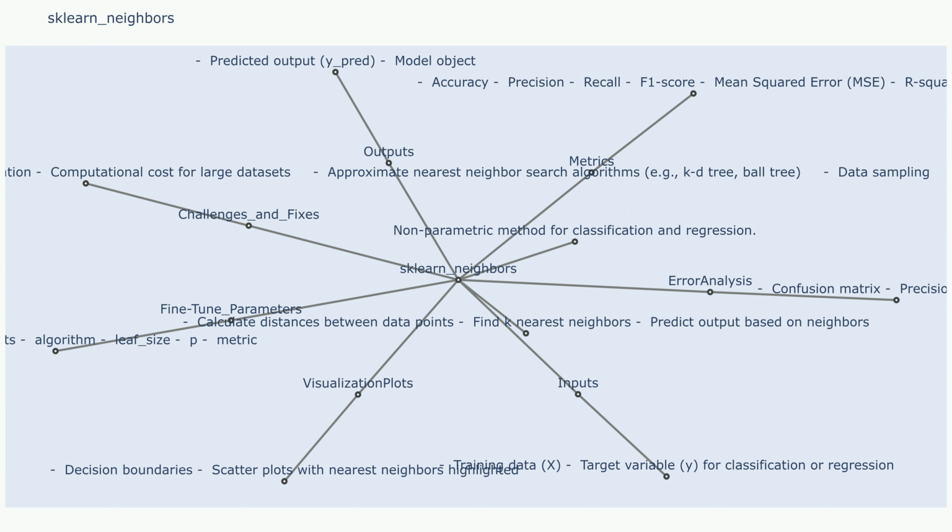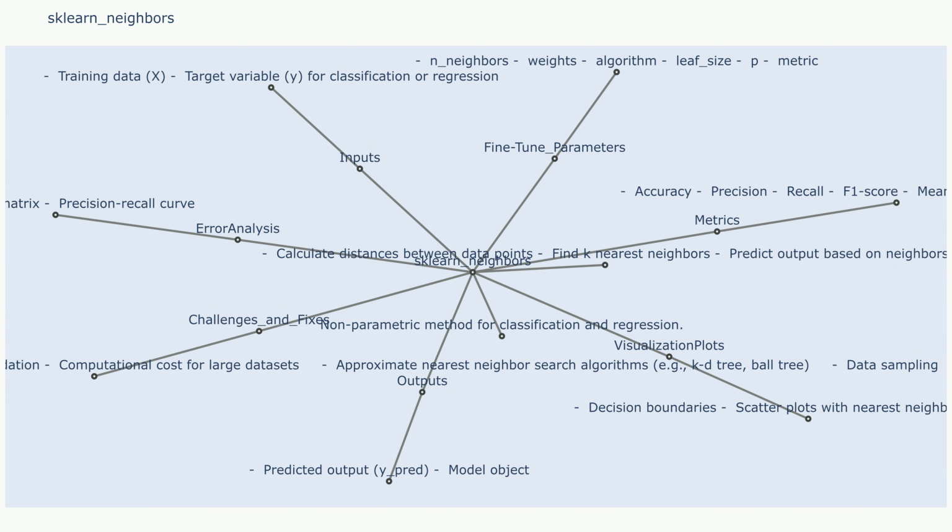Challenge 2: sensitivity to outliers. Outliers in the training data can significantly influence the nearest neighbor search and affect predictions. Sample use case that resulted in challenge 2: a dataset containing a single outlier point with a very different feature value, leading to misclassification of other points that are close to it in other dimensions.